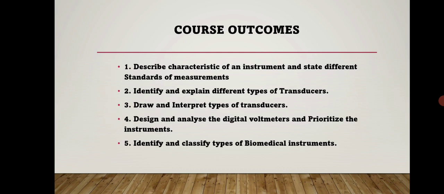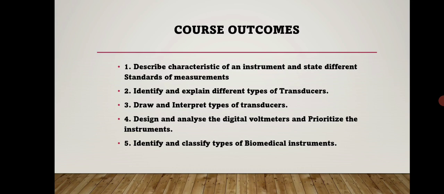Next come our course outcomes. At the end of your first unit, you should have a clear idea about the different characteristics of an instrument and the different standards of measurements. Coming to your second course outcome: identify and explain different types of transducers.